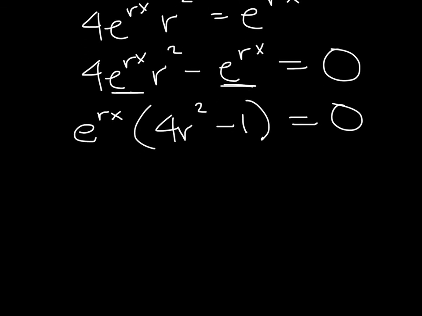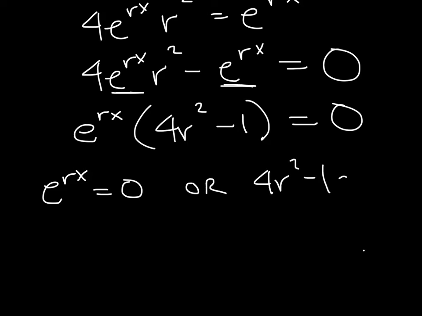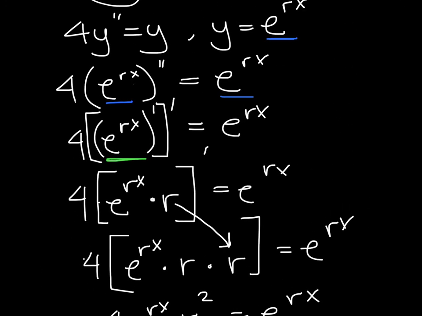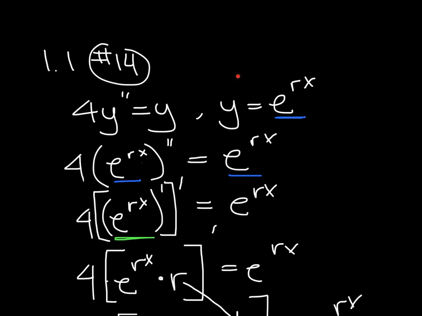And we can use the zero factor property here, so we know that e to the rx is equal to 0, or 4r squared minus 1 is equal to 0. So we've differentiated, we substituted our function into our differential equation.